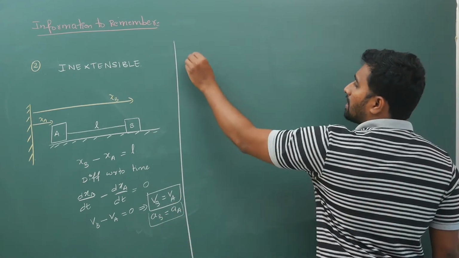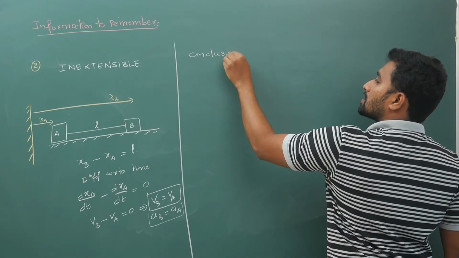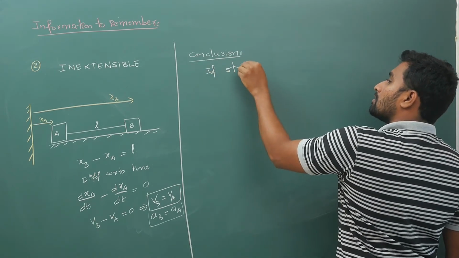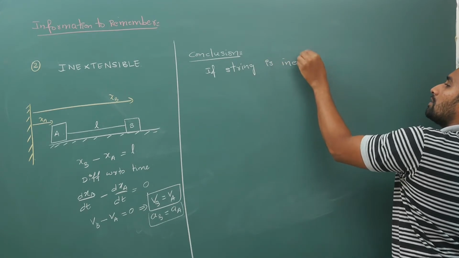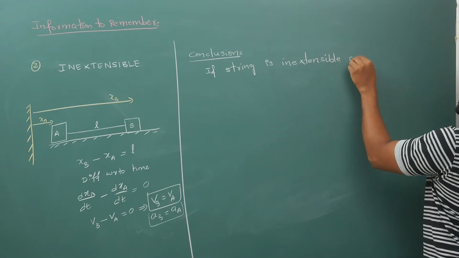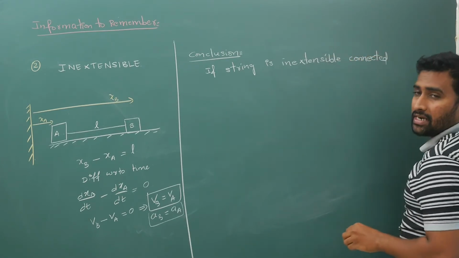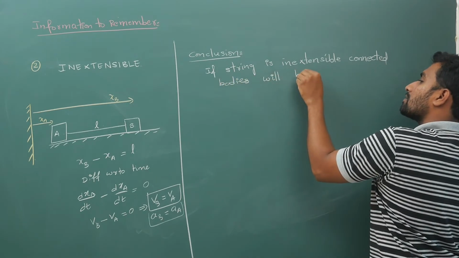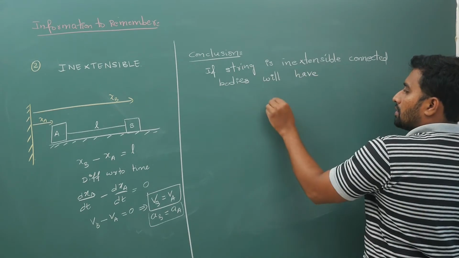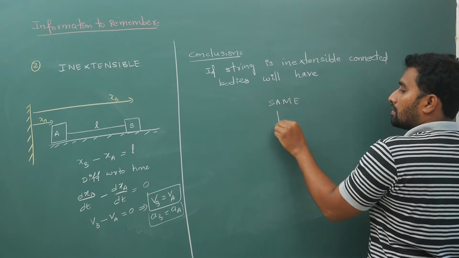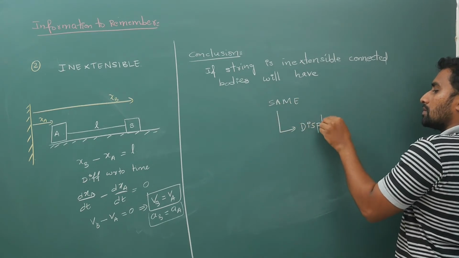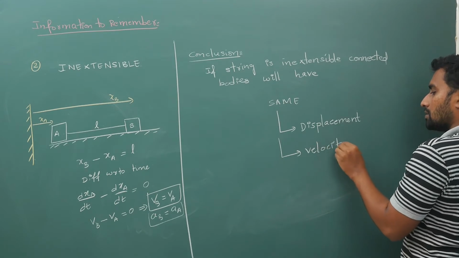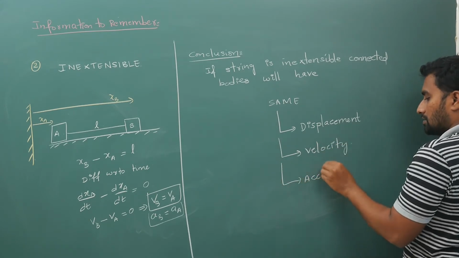Now, what is the conclusion, or moral of the story? If the string is inextensible, connected bodies will have the same displacement, same velocity, same acceleration.